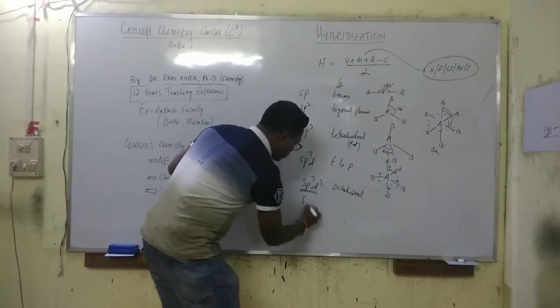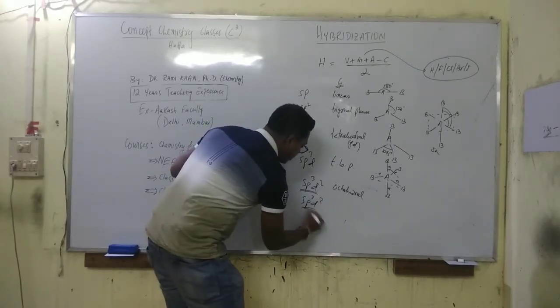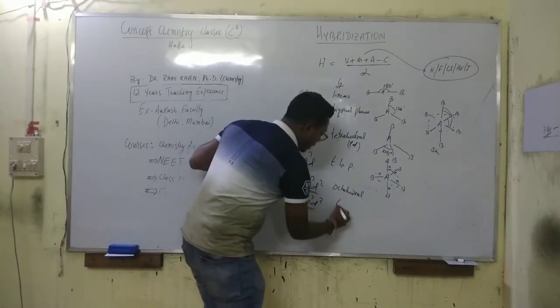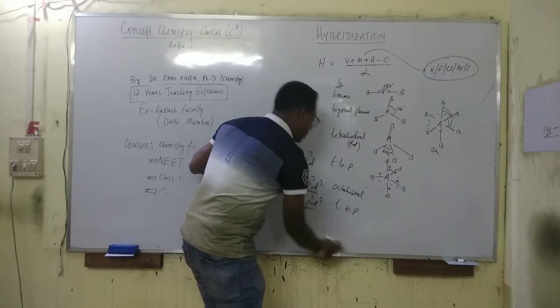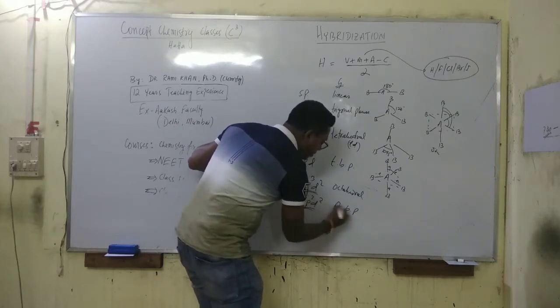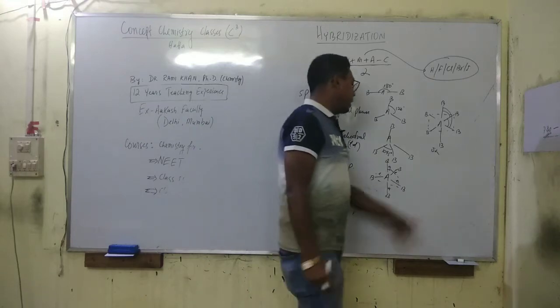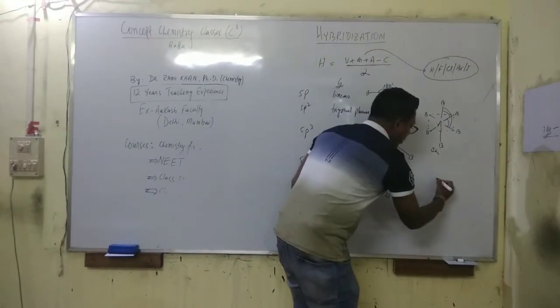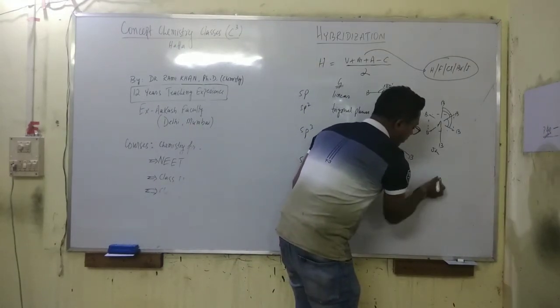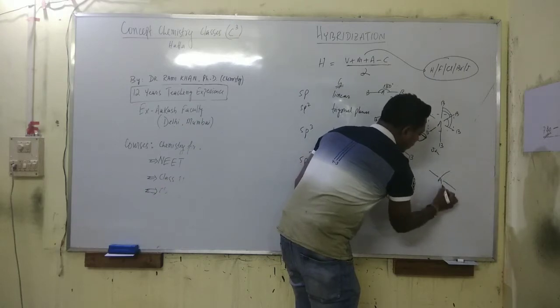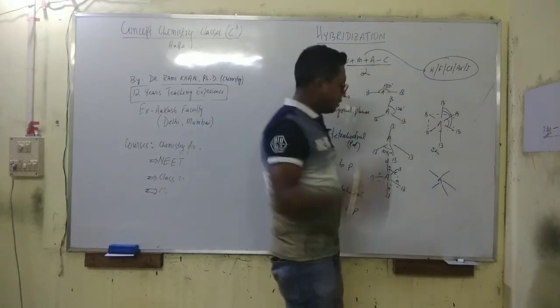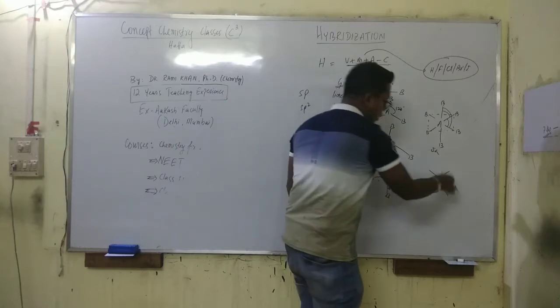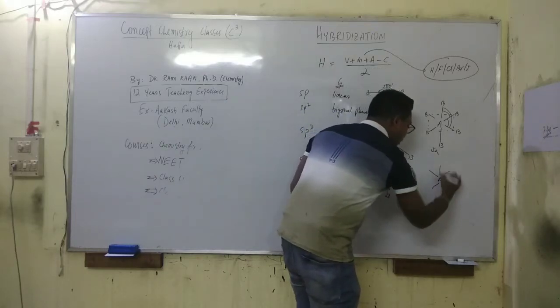And for sp3d3 hybridization, the geometry is pentagonal bipyramidal, and the pentagonal bipyramidal is, this is the central atom. For example, we draw 5 equatorial bonds and 2 axial bonds.